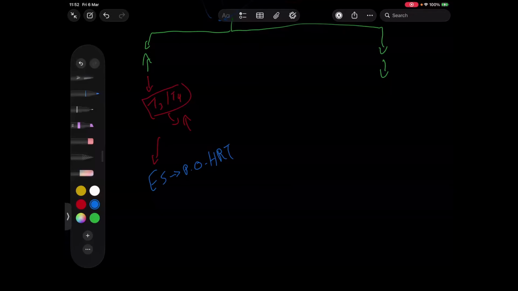Next, we're going to speak about what else can increase it. Hyperthyroidism. Acute hepatitis.